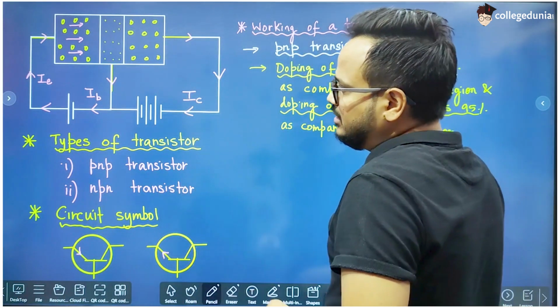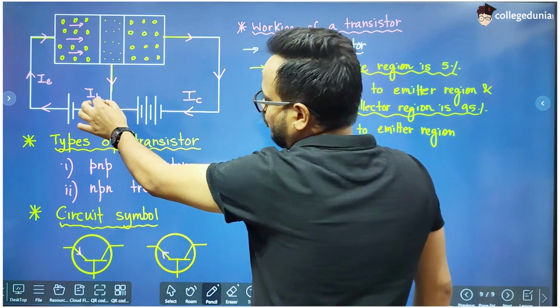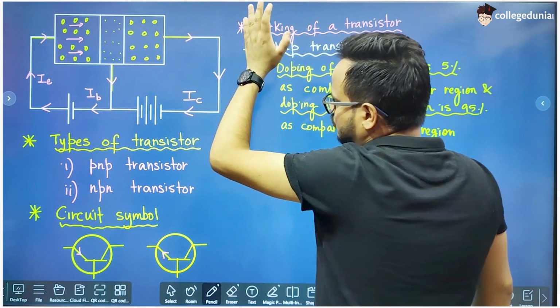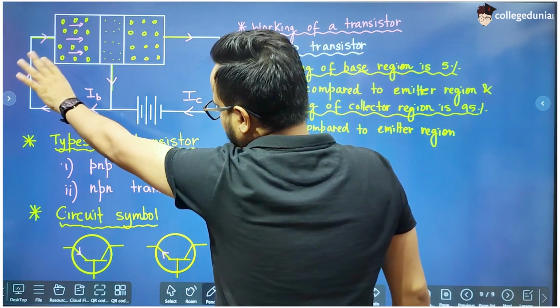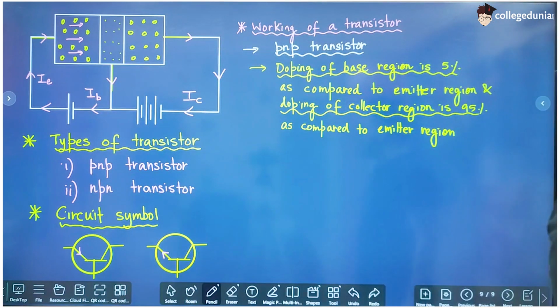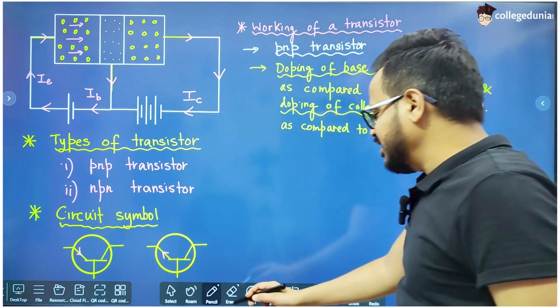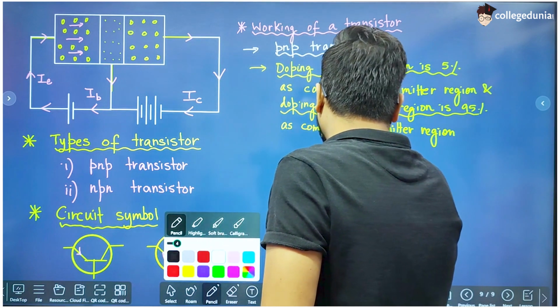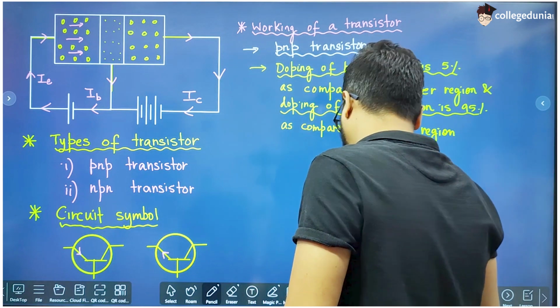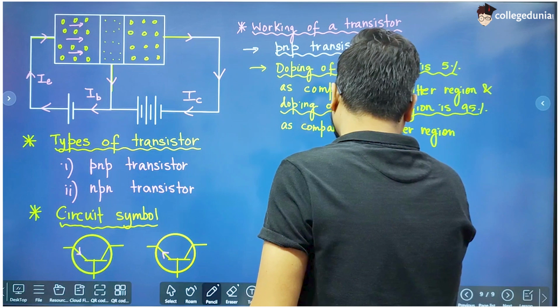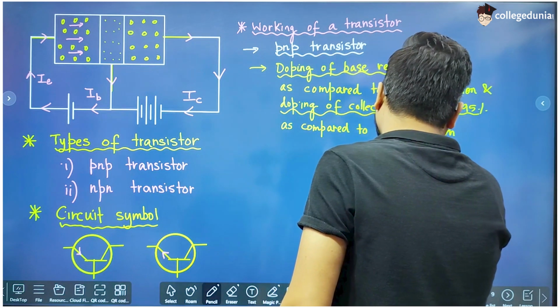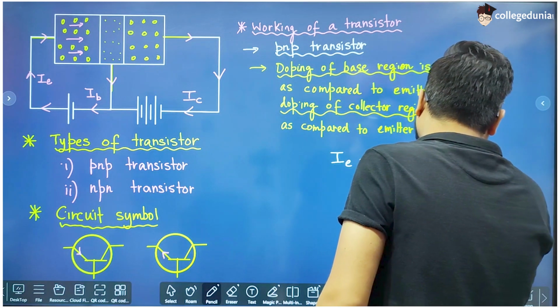Now at any given instant, this current is due to 5% of the electrons, this is due to 95% of the electrons, and this is due to 100% of the electrons. So we can clearly see that IE is equal to IB plus IC.